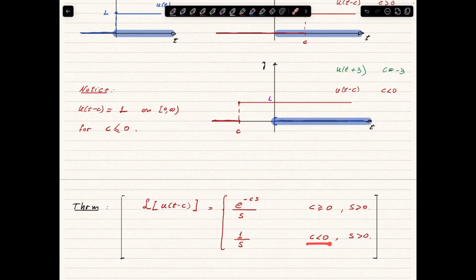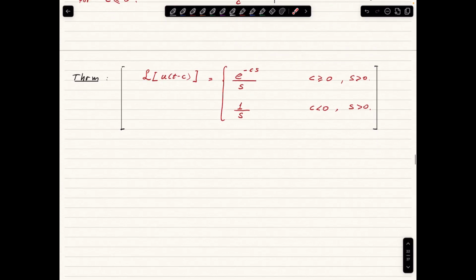And if we are shifting the step function to the left, its Laplace transform is just 1 over s. So let's see why this is the case. Let's compute the solution, or in this case it should be a proof.